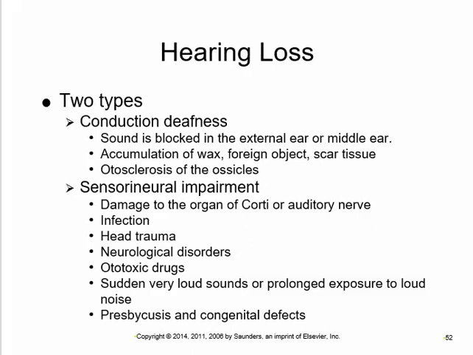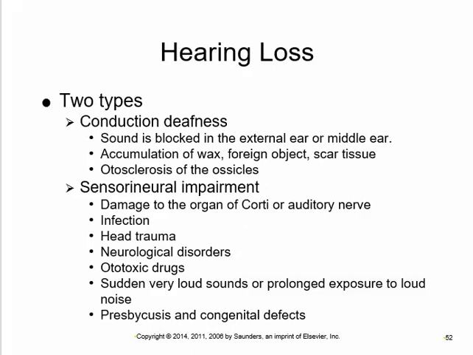Another place where this can happen is where the stapes contacts the oval window. There's a little bony opening there, and that can narrow. It can become sclerotic, and the stapes doesn't move as freely. So all of those are conduction.